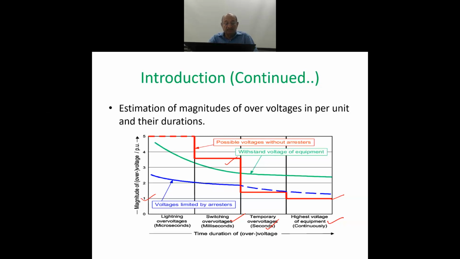Then the second type of transient overvoltage is by the external source, that is lightning.